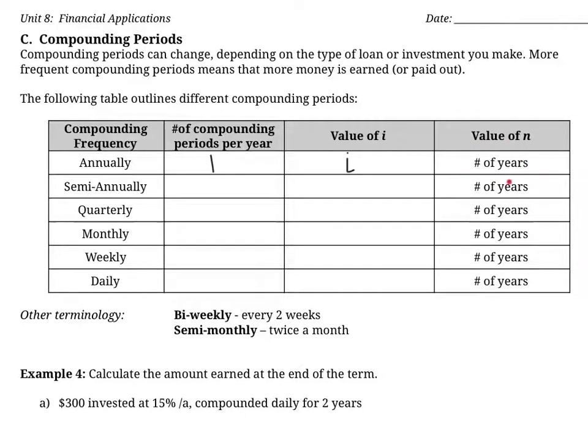If an investment is compounded semi-annually, semi means 2, so interest is going to be charged to us twice a year. We're always quoted our interest rate per annum, per year, so if we're going to get charged it 2 times, we have to take our interest rate and divide it by 2.